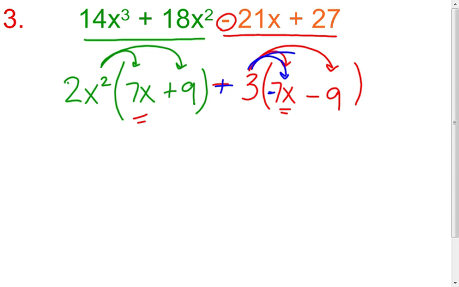And positive 3x times negative 9 gives me negative 27, and it needs to be positive 27, so I'd have to do that. Okay? Switching it does not matter. I do not end up with the same thing in both parentheses here, so this is actually not factorable by grouping.